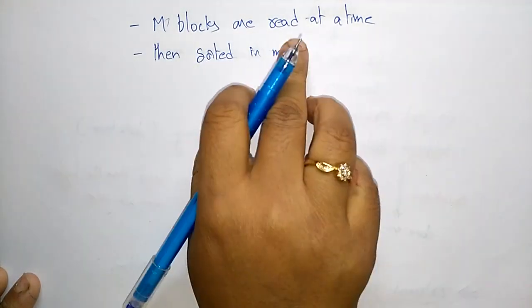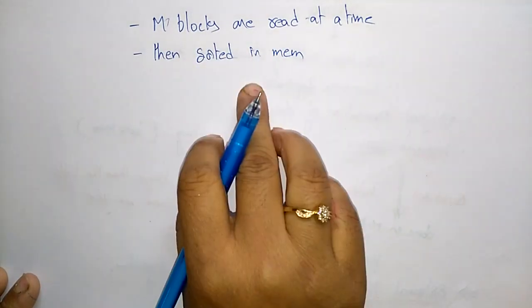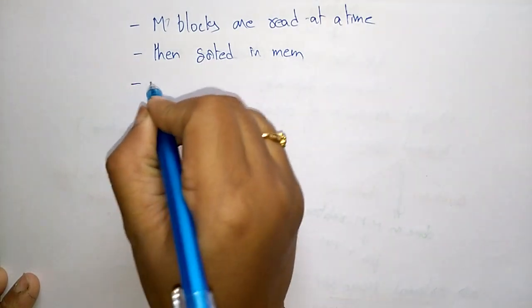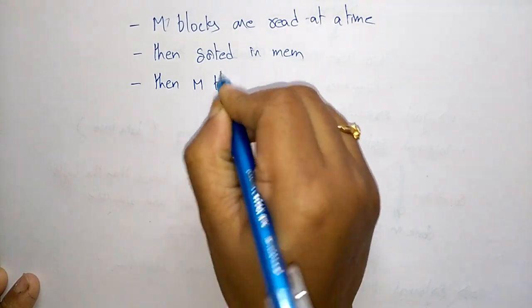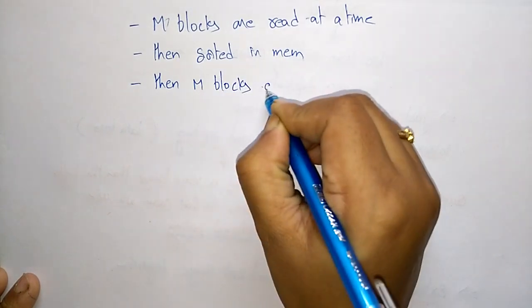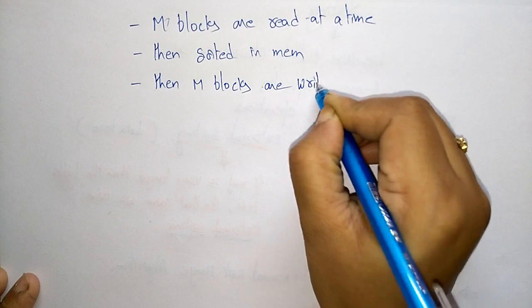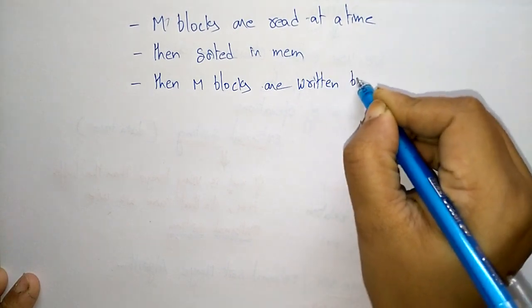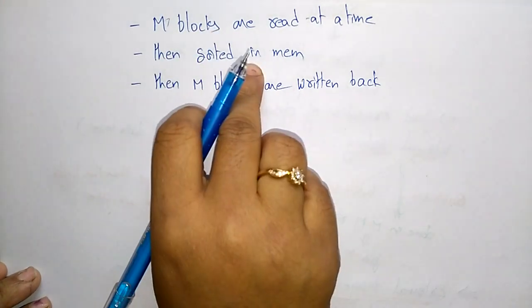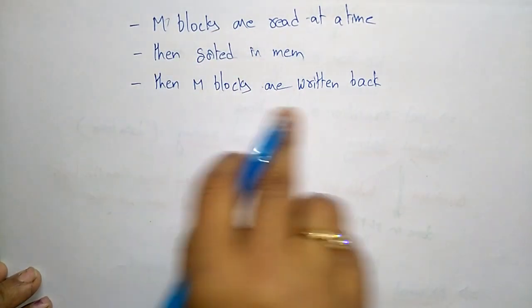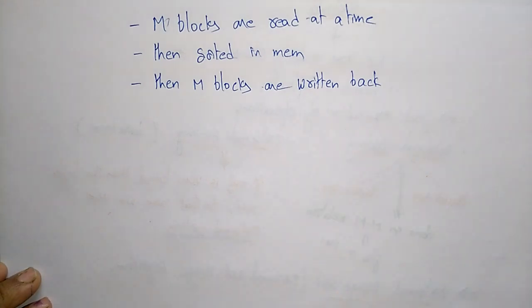Whatever blocks you read have to be sorted in memory, and after sorting, those blocks are written back to memory, or disk. This is the starting step of merging M blocks.